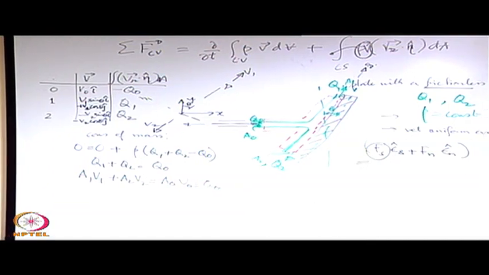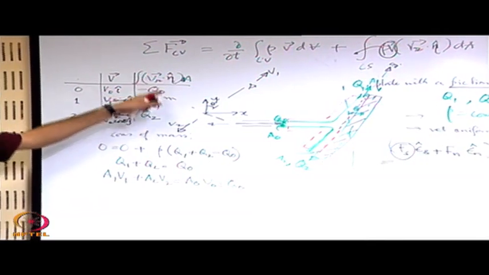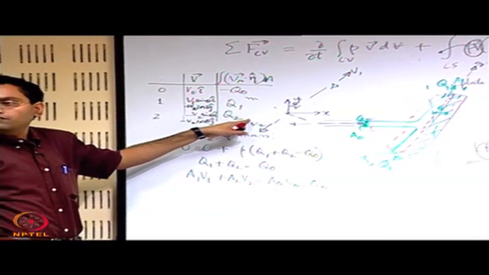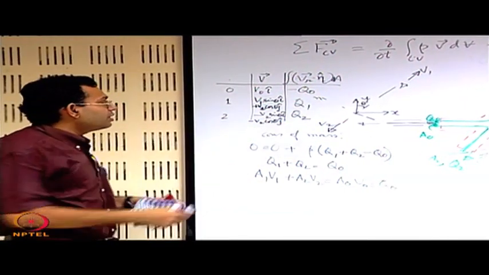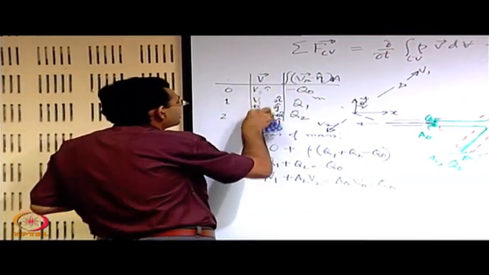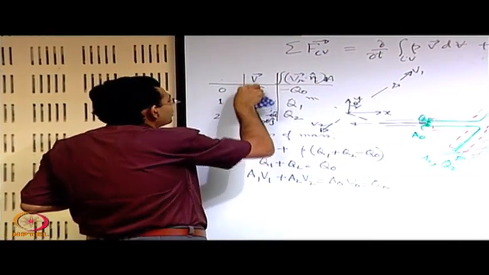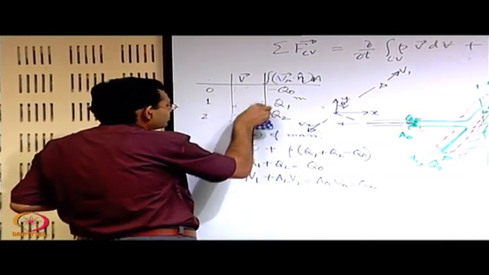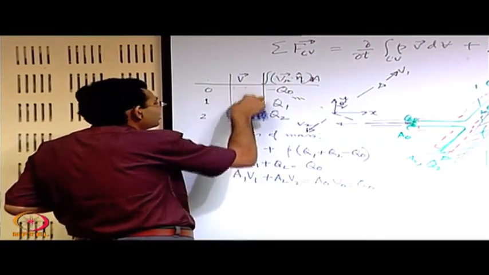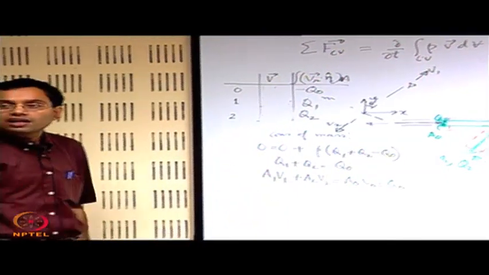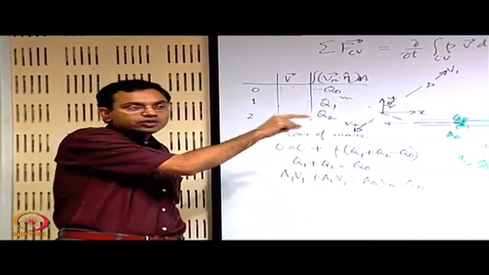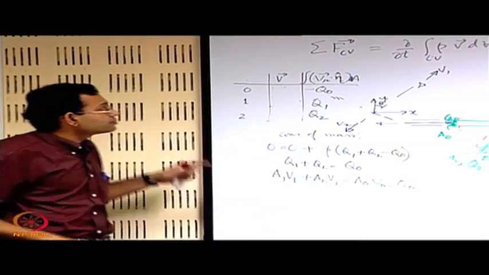So, in terms of the s and n coordinates, the good thing is the flow rate does not change, it is independent of the coordinate type, but what changes are the expressions for the velocity vectors. So, let us write these expressions in terms of the s and n vectors, which will be useful for solving this problem.